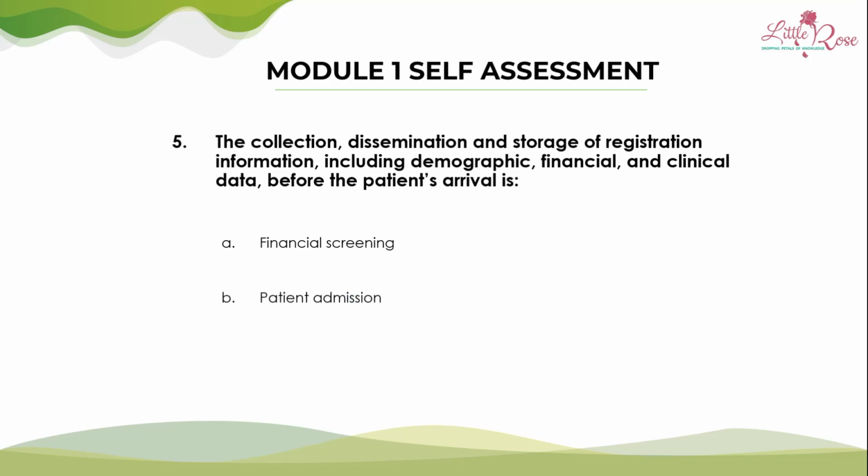Question number 5. The collection, dissemination, and storage of registration information, including demographic, financial, and clinical data before the patient's arrival is: A. Financial screening, B. Patient admission, C. Pre-registration, D. Patient check-in.